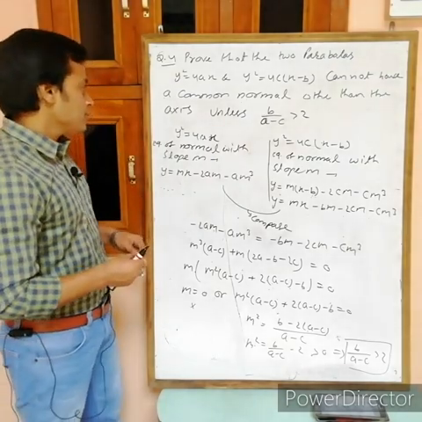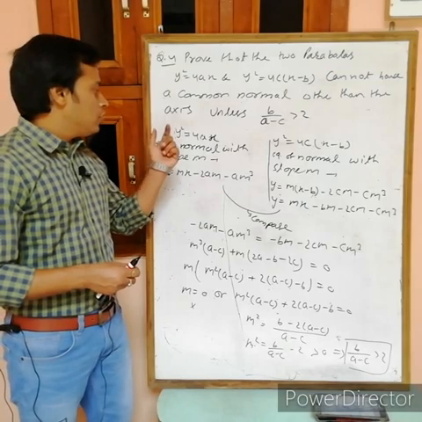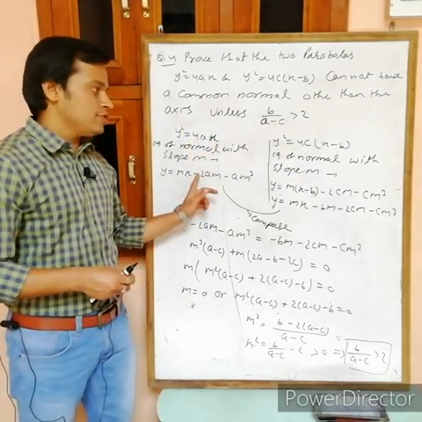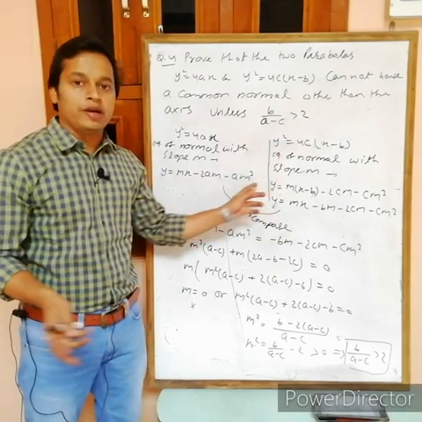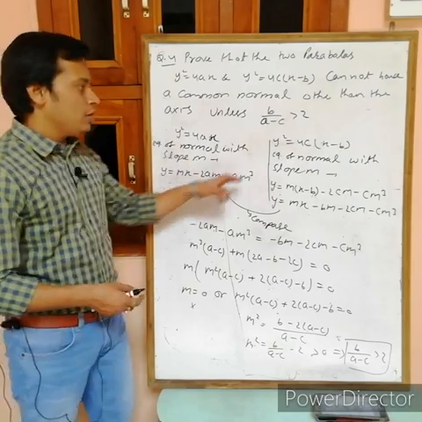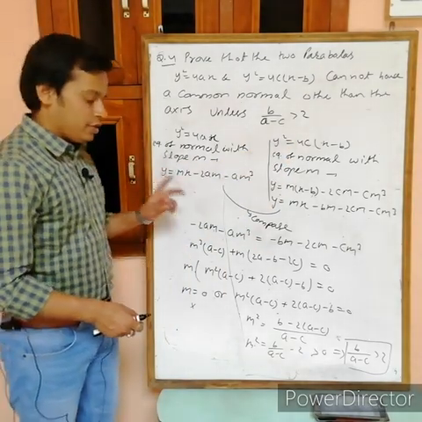If you want the condition such that a tangent of this parabola becomes normal to this one, write the equation of tangent for this one, the equation of normal for this one, and compare. But also remember that the slope of the tangent for this one and the slope of the normal for this one must be the same, it means m.